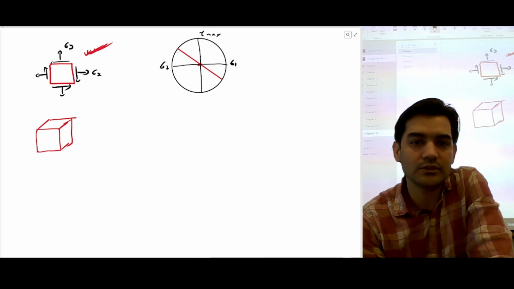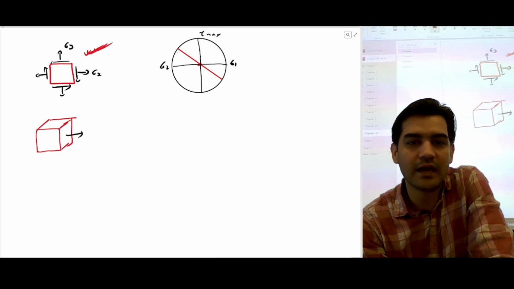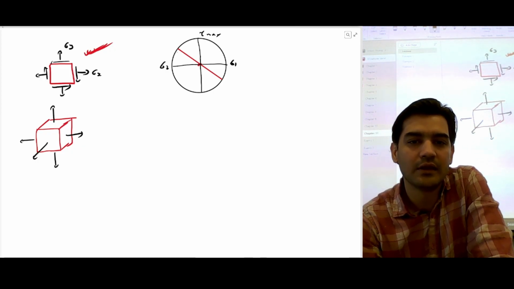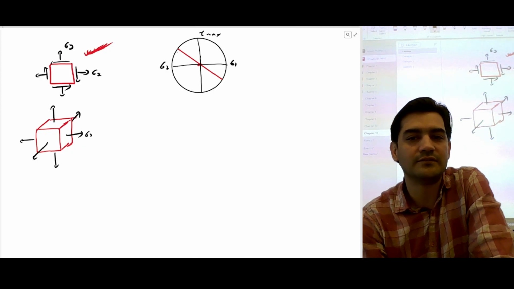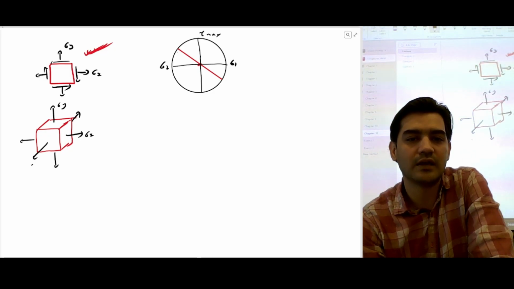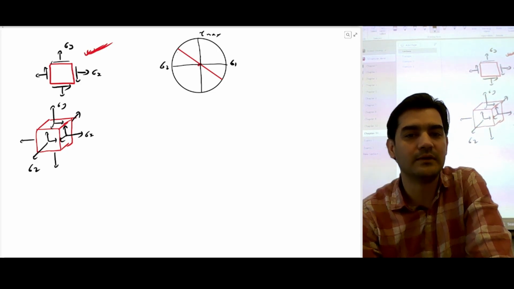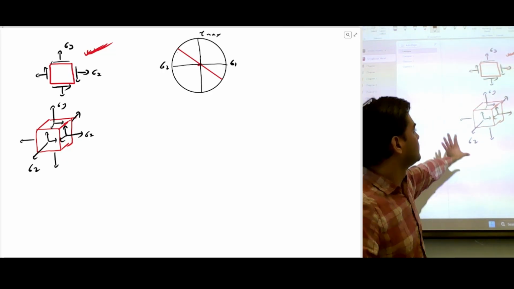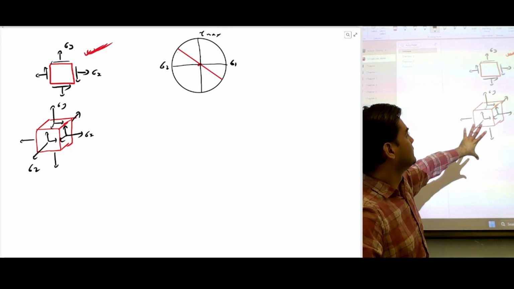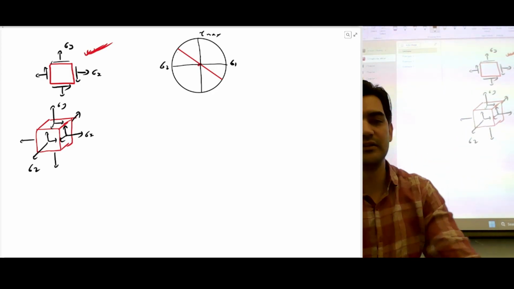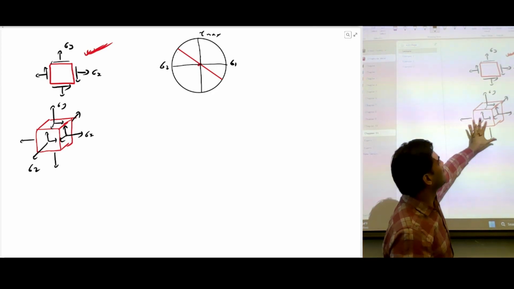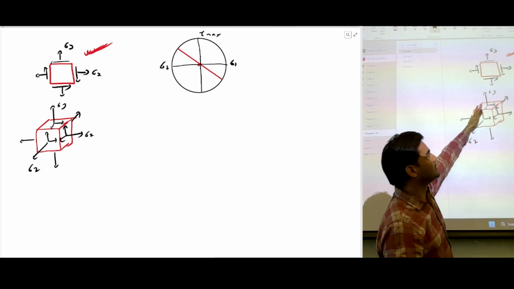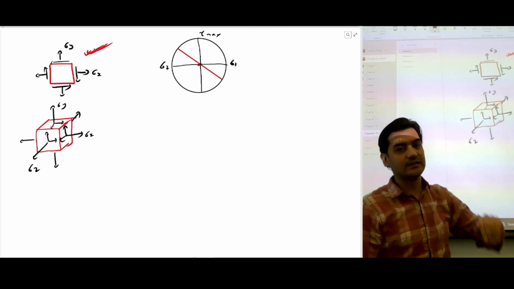In a three-dimensional stress element, you will have normal stresses in three dimensions: stress X, stress Y, and stress Z. You will also have shear stresses along two planes, right? So basically, this would be the stress condition if you have a stress element. And you can rotate the stress element in three dimensions to figure out the maximum stresses, or you can also use equations.